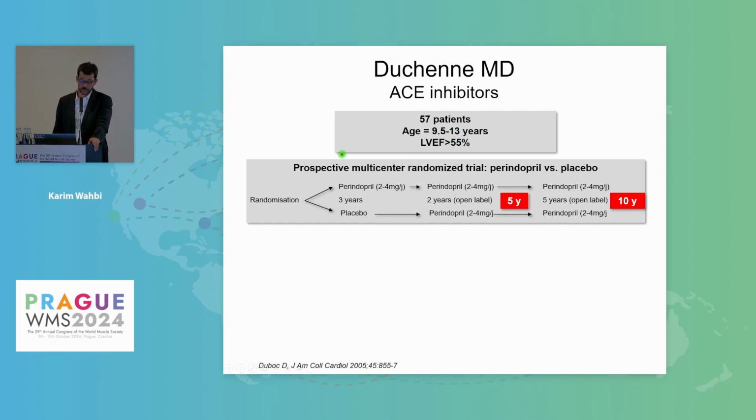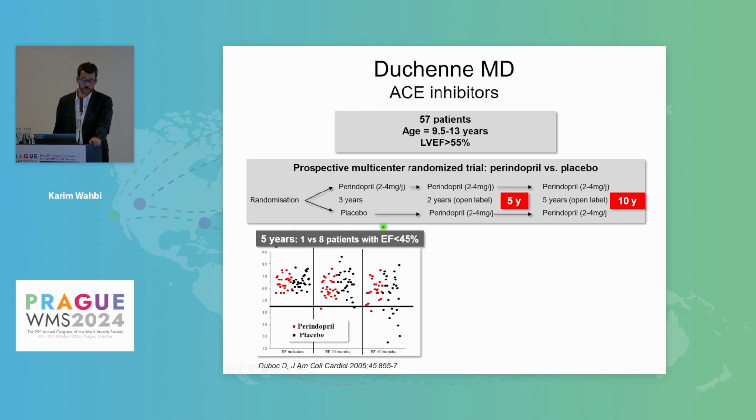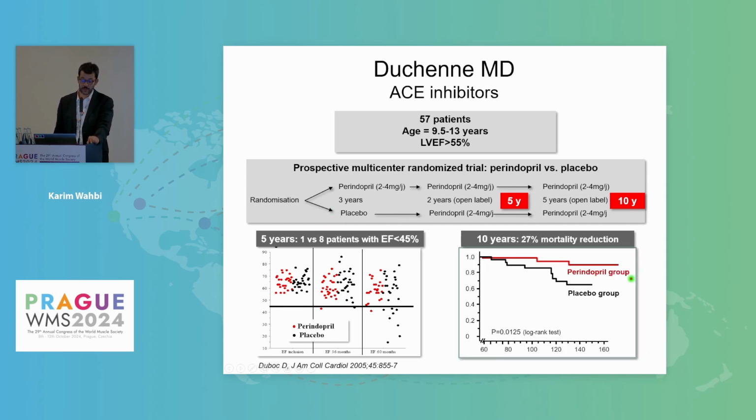We have a randomized trial published in 2005 showing that treating young kids with DMD around the age of 10 years with ACE inhibitors reduced the risk of dilated cardiomyopathy at 5 years and improved their long-term outcomes, with improved overall survival at 10 years, mainly because patients have far less severe heart failure.